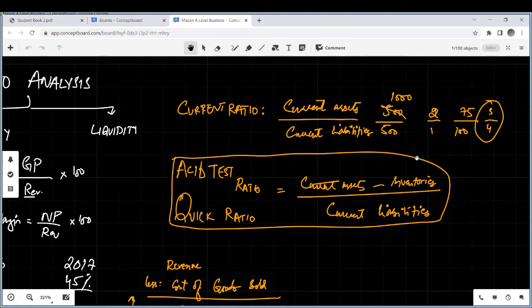Okay. What we are doing over here is trying to assess the ability of the business to pay back liabilities, right? And we are saying that using these current assets, a business would pay back liabilities. So, from all these current assets, inventories is the item which is the most difficult to convert into cash. Why?